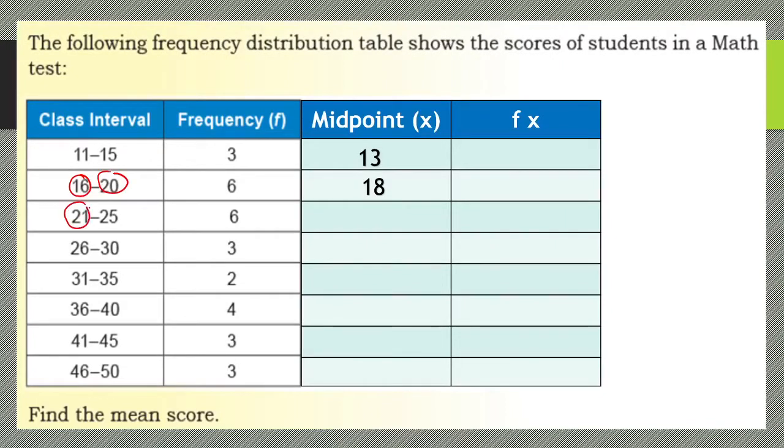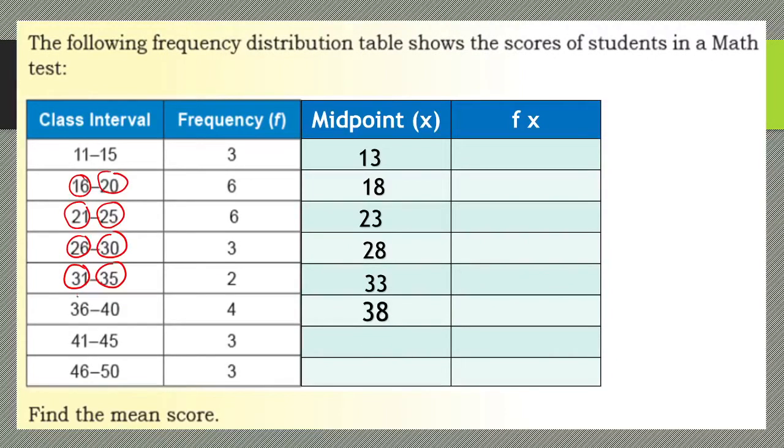What about 21 plus 25 divided by 2? 23. What about 26 plus 30 divided by 2? 28. Next one. 31 plus 35 divided by 2. 33. Next.